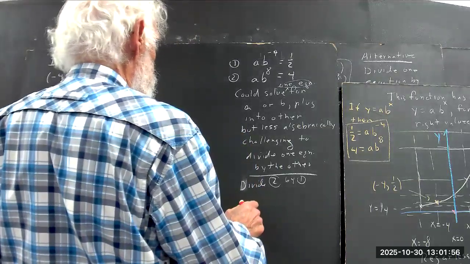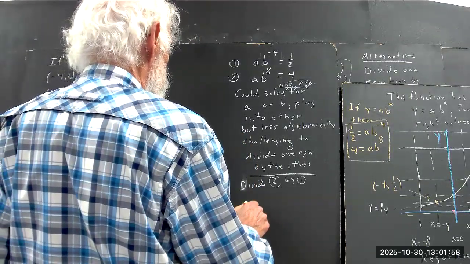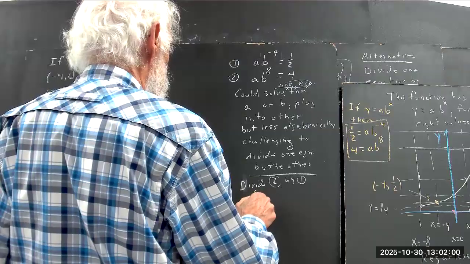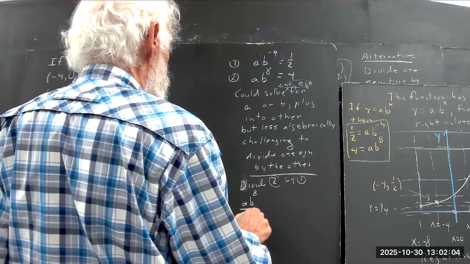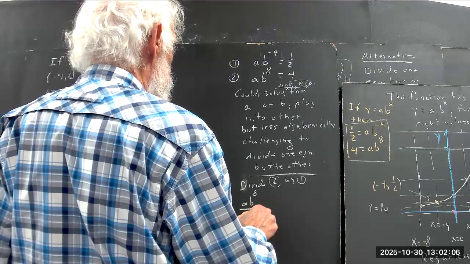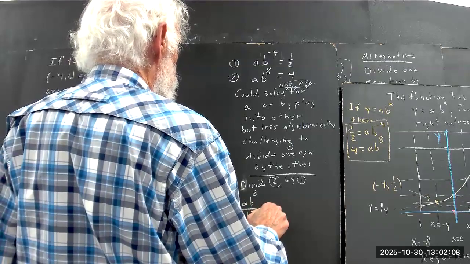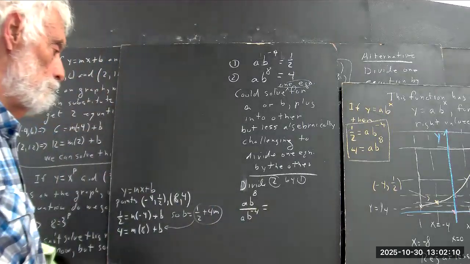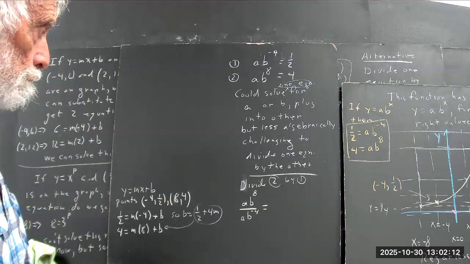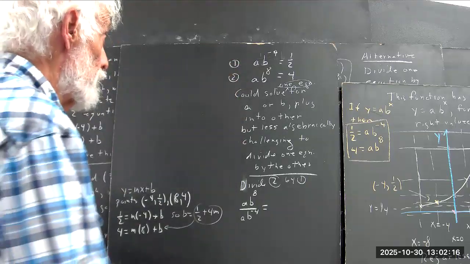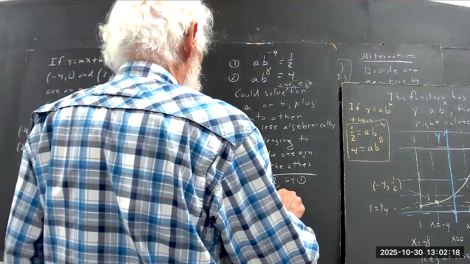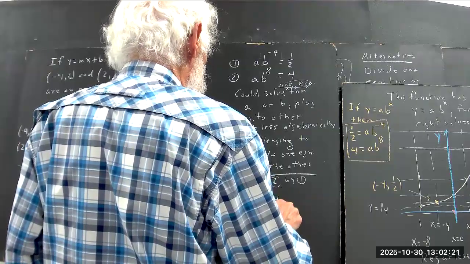What we get is a b to the 8th over a b to the -4th. Well, that's left-hand side divided by left-hand side. That equals 4 divided by 1/2.